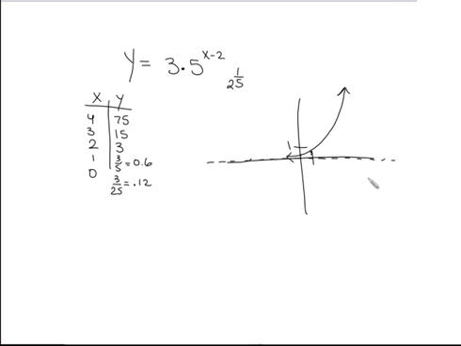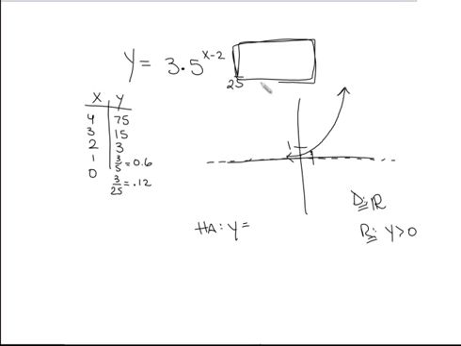Our domain here would be all real numbers. Our range here, our asymptote is y equals 0. We're always above it, so it's y greater than 0. Horizontal asymptote is y equals, there's nothing being added or subtracted out here from the exponential term that's all glued together, so it's y equals 0.